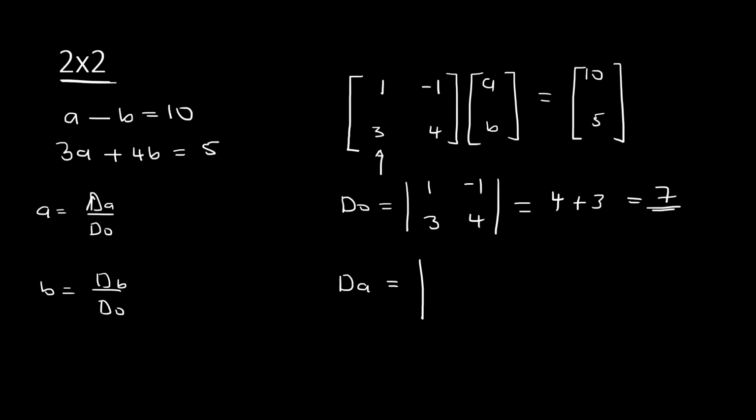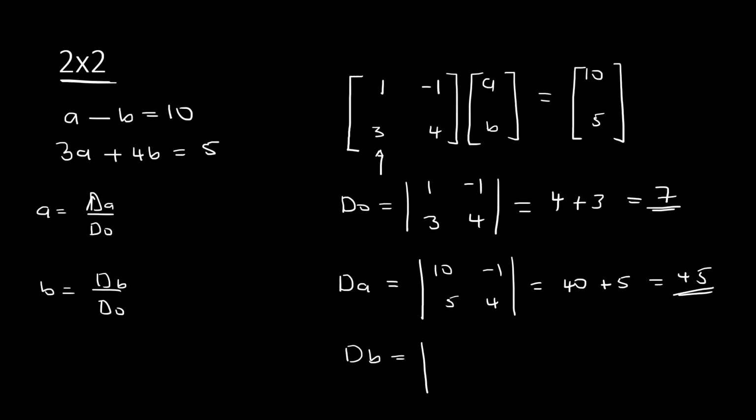The answer is 10 and 5. So for the position of a, I'll put 10 and 5. My b is still minus 1 and 4. So let's calculate. This is 40 plus 5, because you can see 10 times that, it's 40, minus 5, it's 5, which is 45.